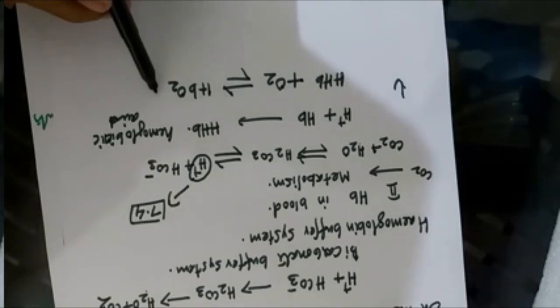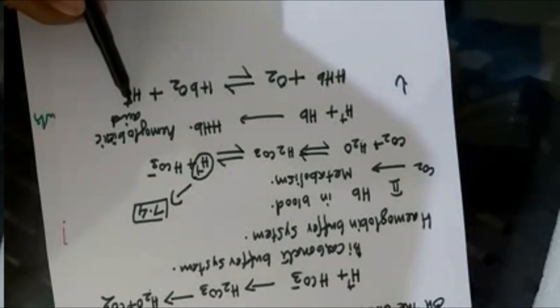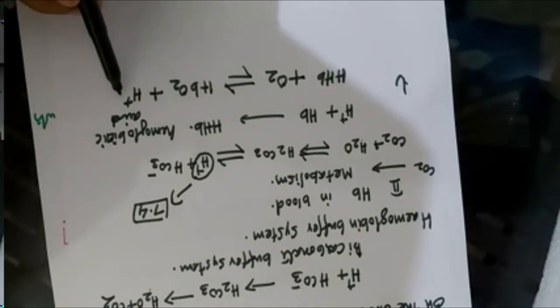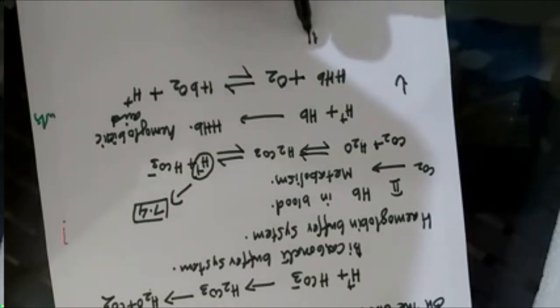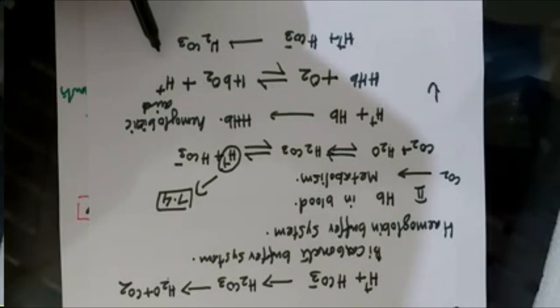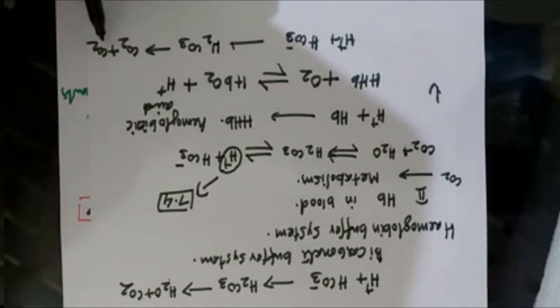Oxyhemoglobin, and hydrogen ions are released. These newly released hydrogen ions combine with HCO3- to form H2CO3. Further it is broken down into carbon dioxide and water due to the low tension of carbon dioxide.